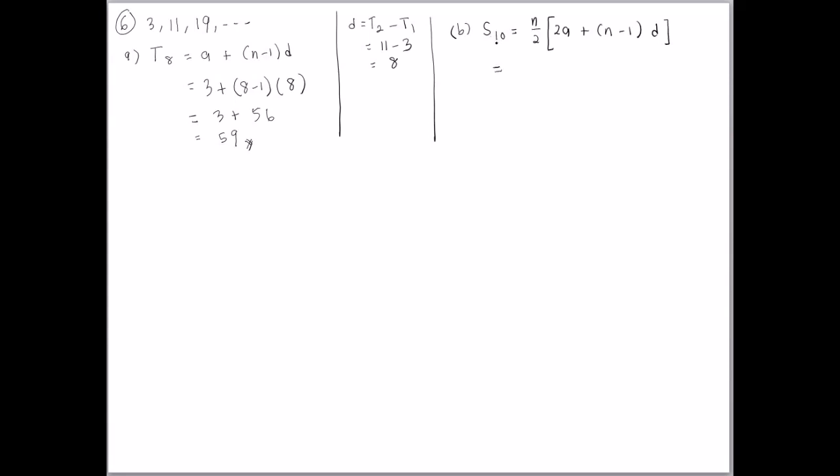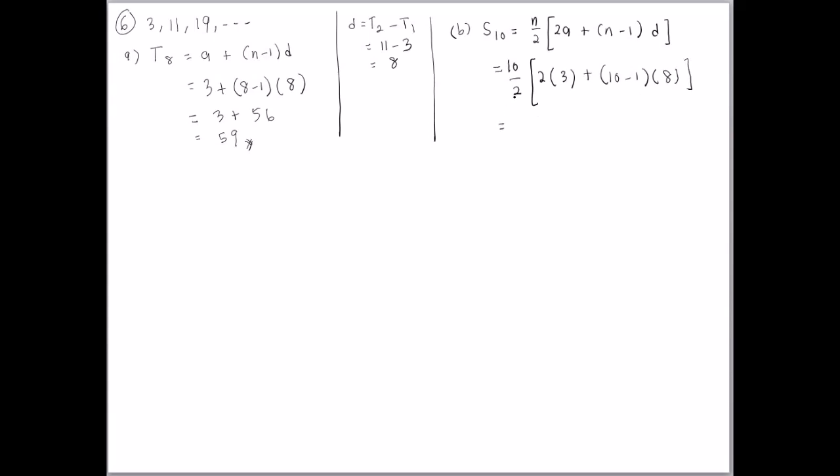Since we want to find S10, our n is equal to 10. 2a, our a, the first term, is 3. Plus, our n is 10 minus 1 multiplied by our d, which is 8.